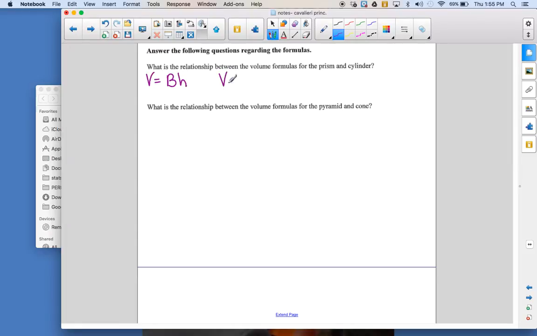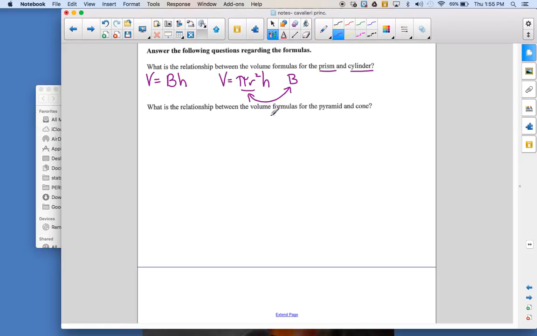The volume formula for a cylinder is pi r squared times the height. And I say they're the same because pi r squared in the cylinder is actually capital B. Same thing. So the prism and the cylinder actually have the exact same formula.